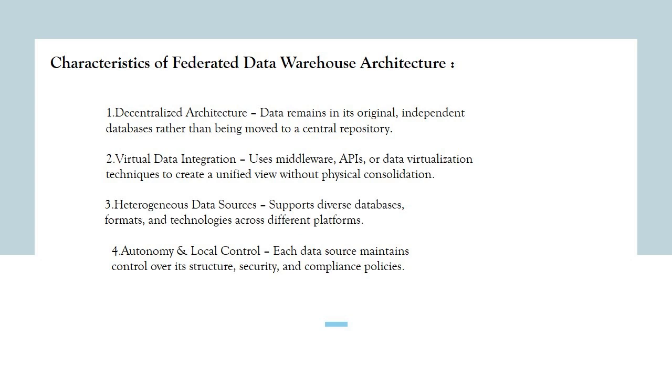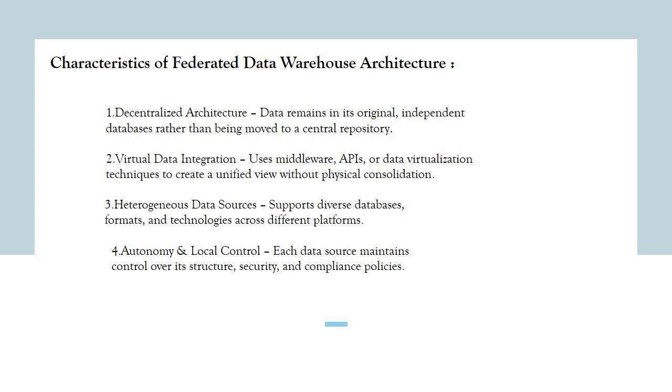So, the characteristics of federated data warehouse architecture. There are many characteristics, but a few are explained here. First, decentralized architecture: data remains in its original independent database rather than being moved to a central repository.